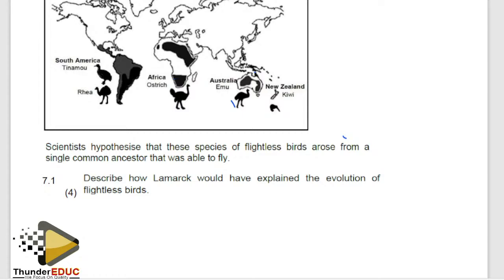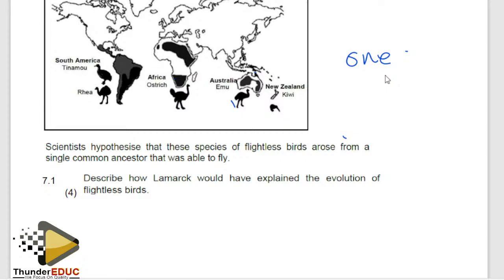You tell us that at first there was one population of a common ancestor, which were high-flying, small flying birds. You understand? There was one population of a common ancestor which was able to fly. Is it clear? That's number one.